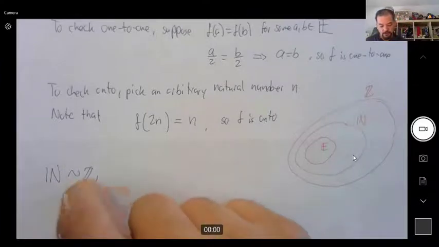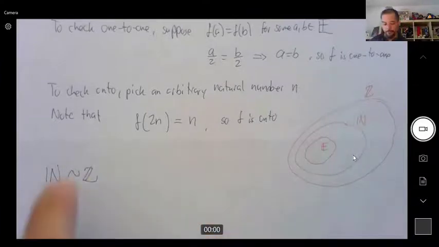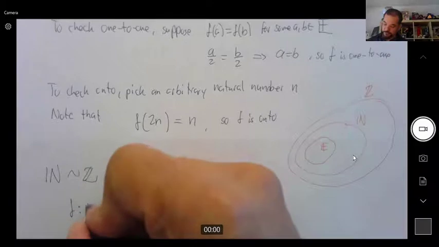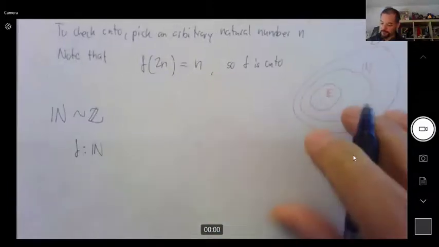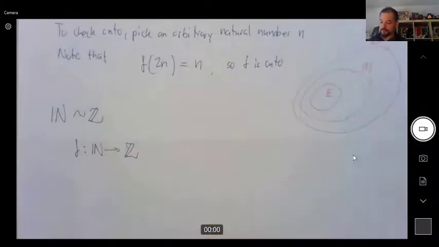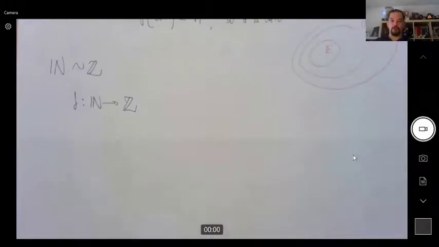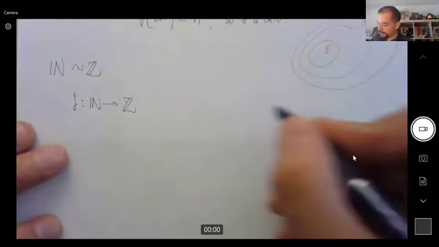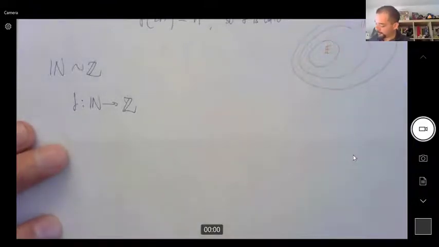All right, good. So how do we come up with a bijection here? There's several ways. So we want a function from the natural numbers to the integers so that it is one-to-one and onto. What do you think? So let me make a little picture. Maybe that can help. Pictures are always nice.